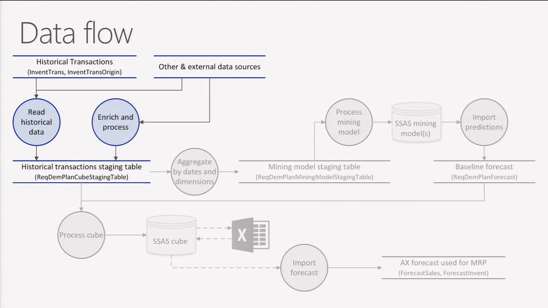So in the demand forecasting, we can enable or disable different forecasting dimensions. And based on those dimensions that you have enabled, they are further filled into this cube staging table. If the dimension is not enabled, it will not be a part of this enrichment process. If you have enabled the dimension, the cube staging table will be filled within this dimension.